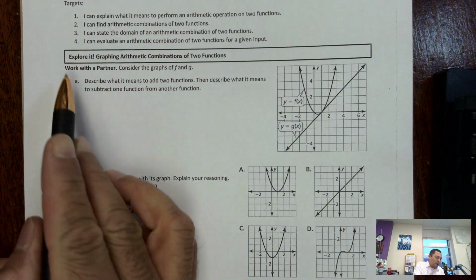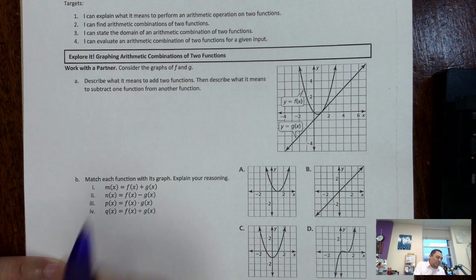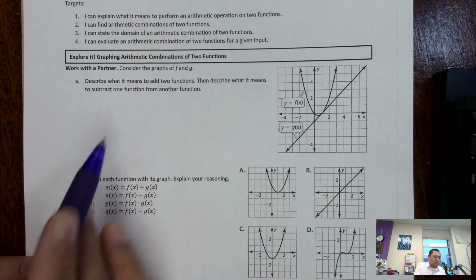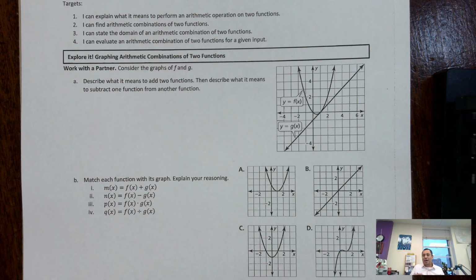For example, in part A, we're going to describe what it means to add two functions, then describe what it means to subtract one function from another function.